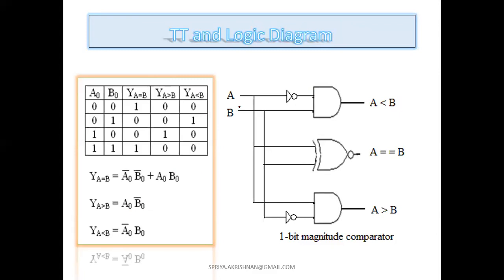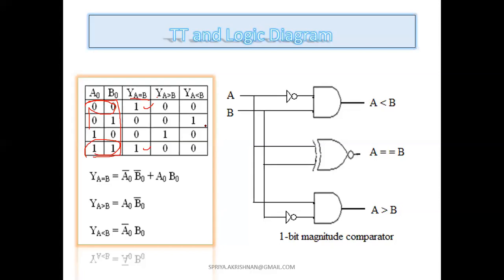So from this logic diagram, I have only 2 inputs. So my inputs can take only 4 combinations: 0 0, 0 1, 1 0, and 1 1. Whenever my inputs are equal, it will tell that A equal to B, so that LED starts to glow.